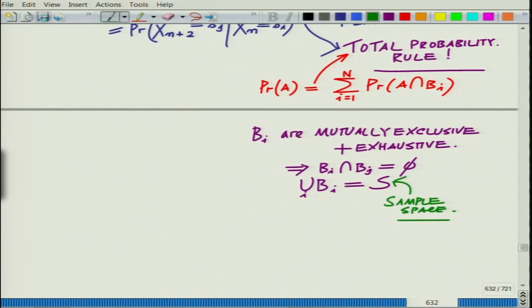That is, if you look at any two events Bi, Bj, these should be mutually exclusive and exhaustive. Exhaustive in the sense their union must span the sample space, and that is exactly what we have over here.